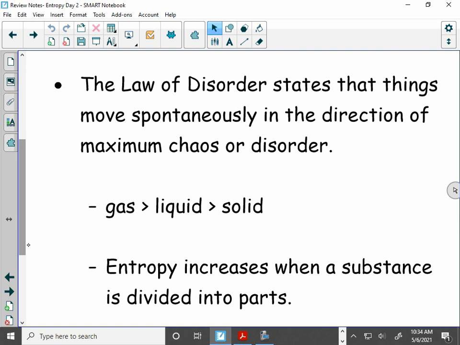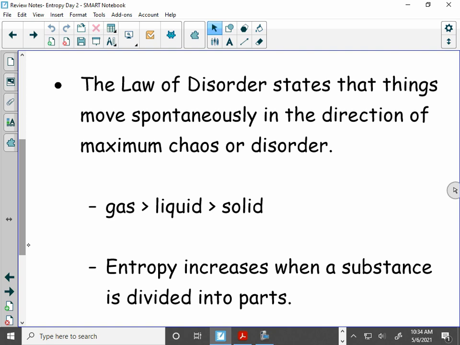Tyler? Solids, yeah. Okay? Because they're packed closely together, they're moving as a part. So there's more order in a solid, the least amount of order or the most disorder is in gases.